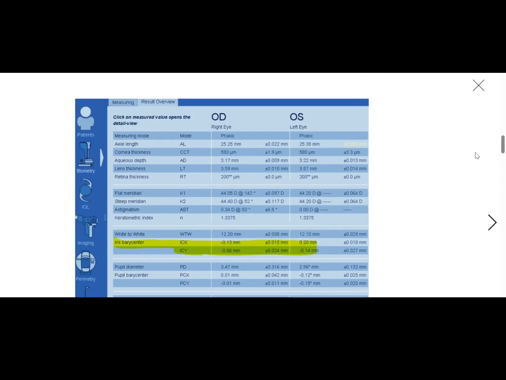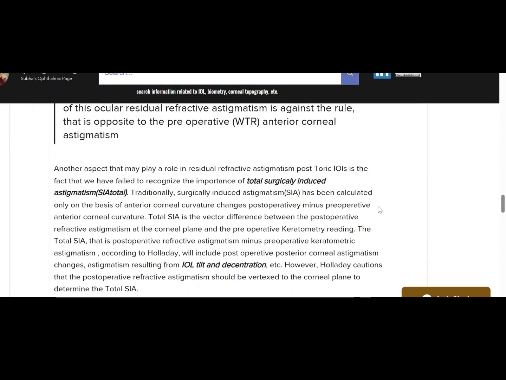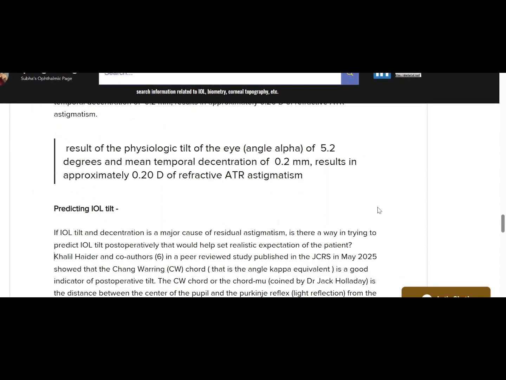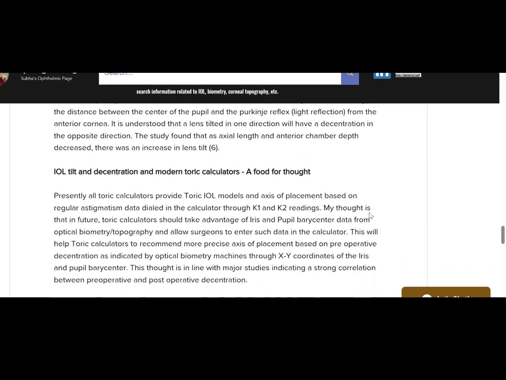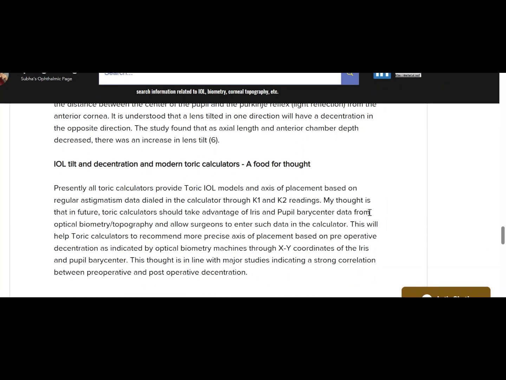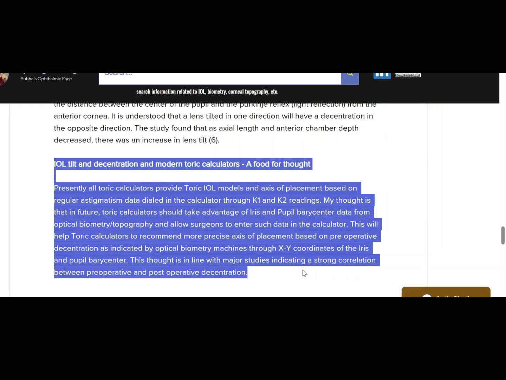I will wind up this topic by saying that currently the toric calculators give you the toric model to be implanted at a particular axis based on the K1 and K2 inputs that you provide.